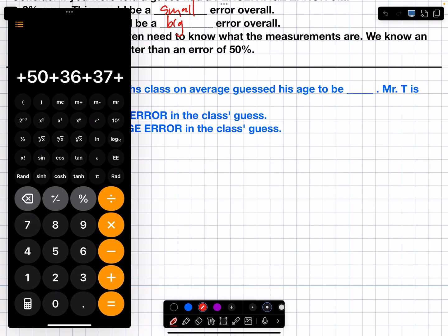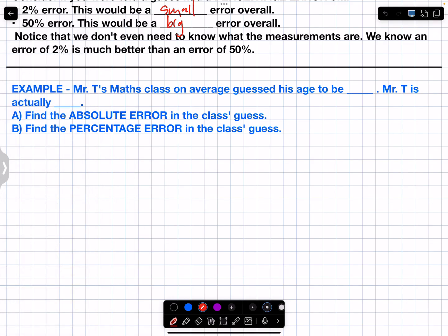He's gonna say it's like 25. 32. Shh. How many people was that? 1, 2, 3, 4, 5, 6, 7, 8, 9, 10, 11. 38.63. Mr. T's class on average guess his age should be 38.6. Mr. T is actually 39. Sit down.